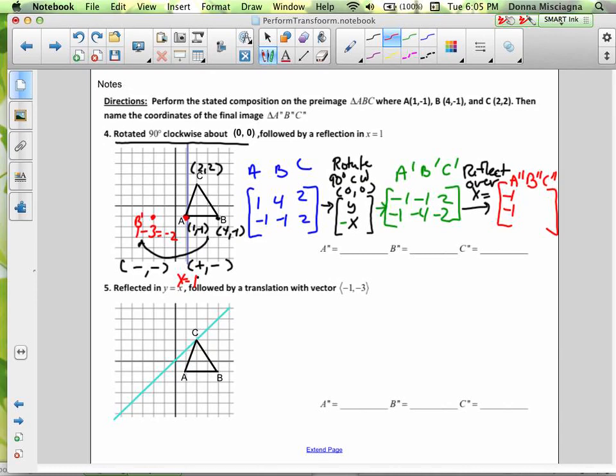Oops, and guess what I did? I did a bad thing. I forgot to graph our image after I did that. And I'm looking at that and going, that's not matching my matrix. This was the 90-degree rotation there. That's another reason to have a matrix, because sometimes you accidentally go back to the wrong figure.